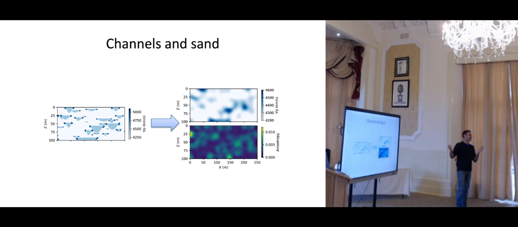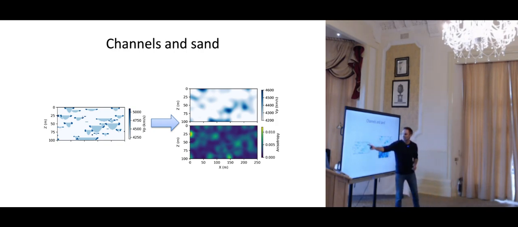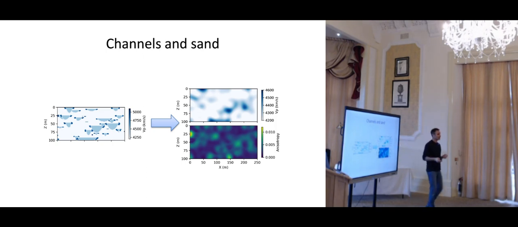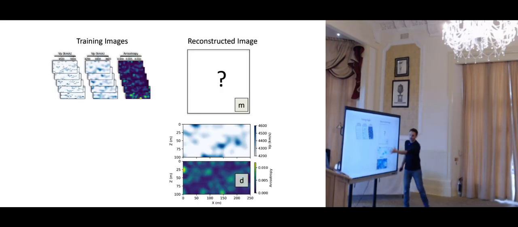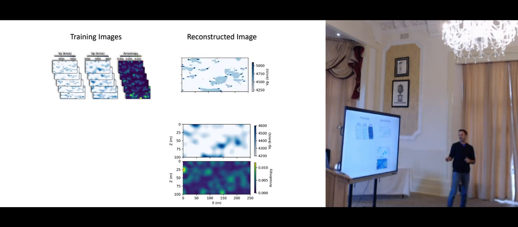Now another example, I'm back to the other example with the channels and sand. Here we have a model with channels. We can homogenize, we can compute the effective equivalent model that we would observe with seismic tomography. We can generate a lot of models like that with their associated tomographic images. And now the question is, from the tomographic image, can we downscale to recover the small-scale structure?